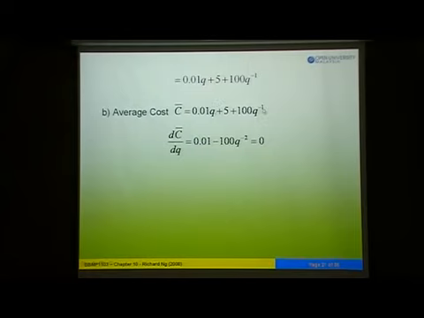So differentiate this: 0.01 q will give us 0.01, and then 5 does not have q, we can drop it, and then differentiate 100 q to the power -1, so -1 times 100 will give us -100 q to the power -2, and then the result here will be equal to 0. Alright, so from here we need to find the value of q. So we will find q squared equals 10,000, therefore q is equal to 100. Alright.